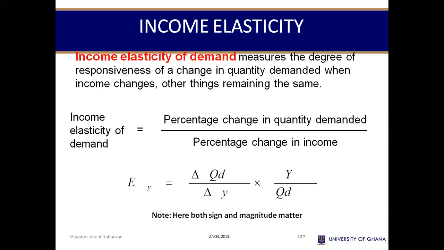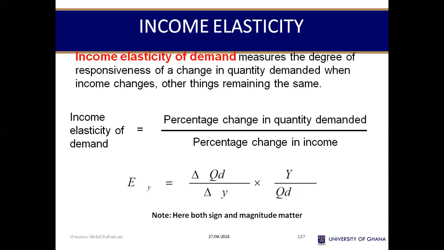In addition to determining whether it's normal or inferior, it can also be used to tell whether the good is a luxury or a necessity. If it is positive but less than 1, then the commodity is said to be a necessity.